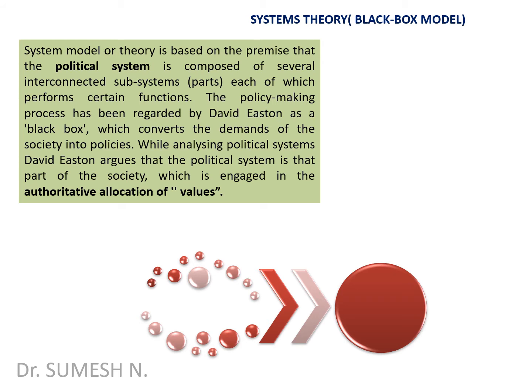In total, we can call it authoritative allocation of values: the decisions taken by the government. Here Easton explained through his system theory that every government or every political system is engaged in the process of authoritative allocation of values.